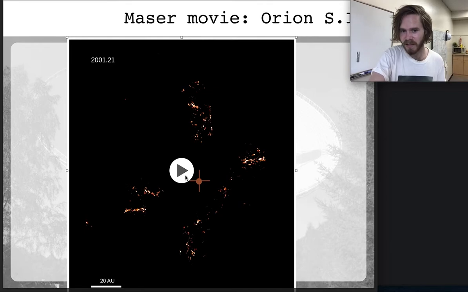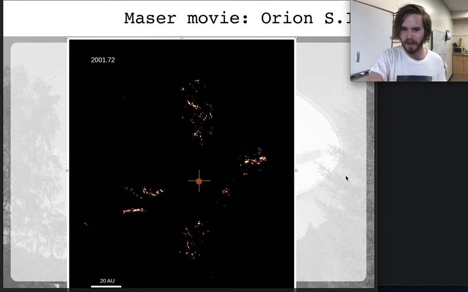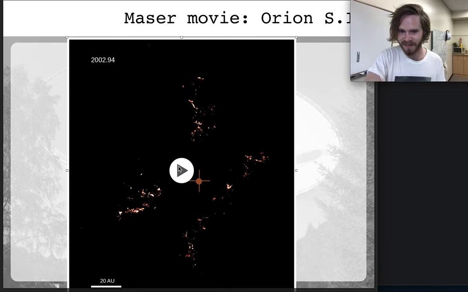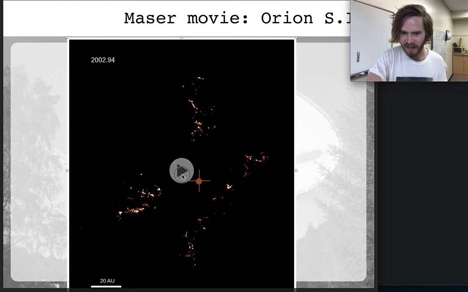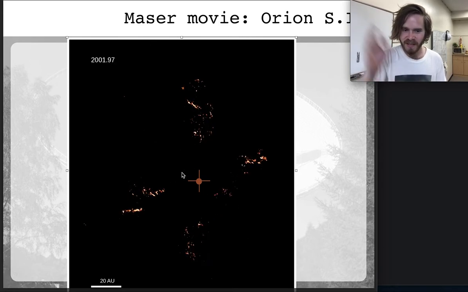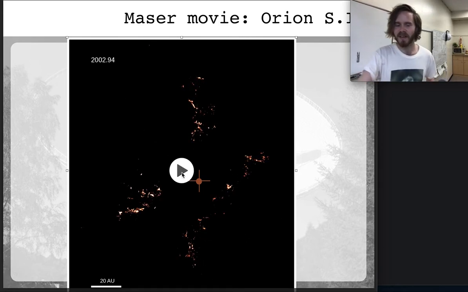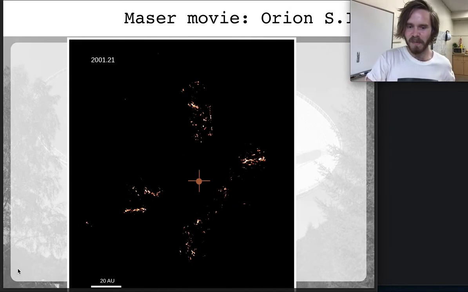Again, this is multi-epoch VLBI observations to make a movie. So here we go. Bam. That's so cool, right? You can see a sense of rotation, and an ejection from the star. So these are the extreme cases of proper motion investigations with masers.